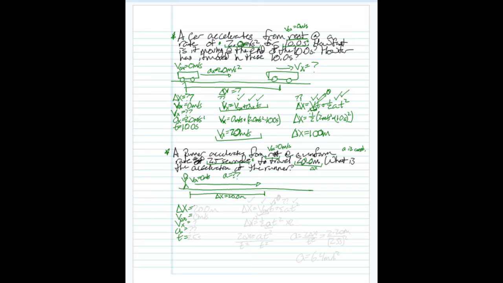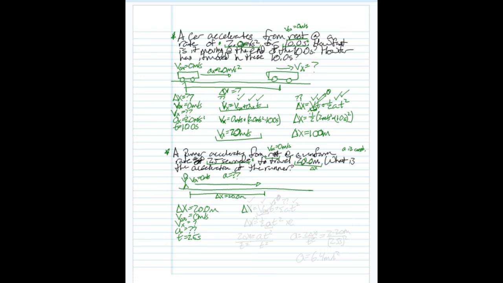I'm going to plug in what I know. My displacement is 20 meters. My initial velocity is 0. My final velocity, I don't know. I'm only giving it one question mark, though, because the problem did not ask for it. My acceleration is a question mark that I'm trying to solve for, so I'm going to write 2 question marks. And then we have 2.5 seconds for the time.